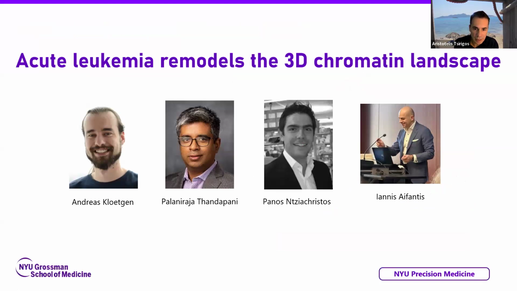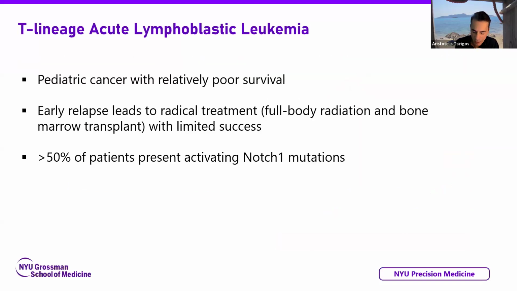So I'm going to start by introducing you to some work we did a few years ago, led by a postdoc in the lab, Andreas, back in the day, and in collaboration with the Ifrah lab at NYU. We focused on acute leukemia, and we asked a simple question: whether chromatin organization, and to what extent, may be transformed in leukemia compared to healthy controls. I'm going to give you a very quick background on T-ALL.